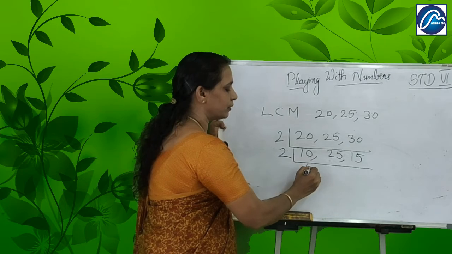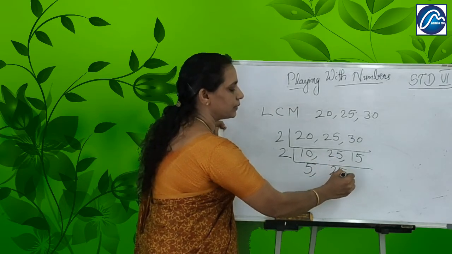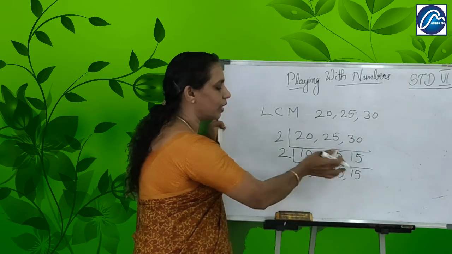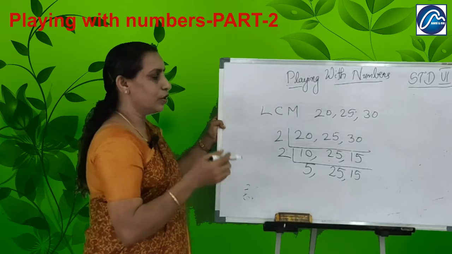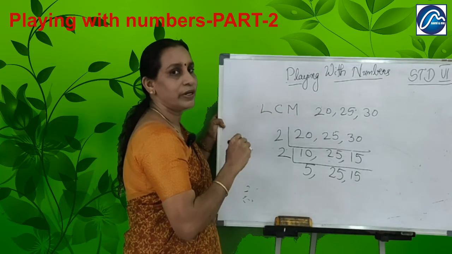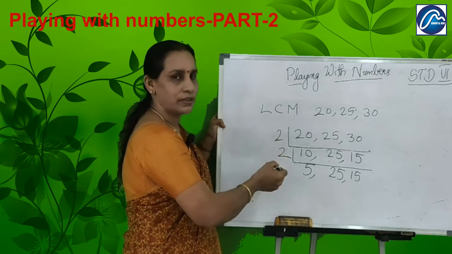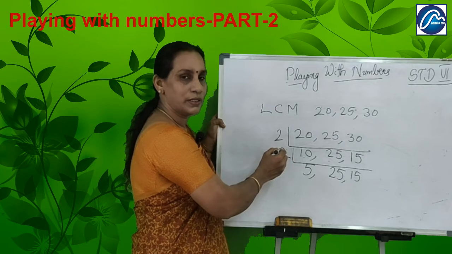So, we are writing 2 again, 5, and we are copying the same numbers here because you can't divide them with 2. Not like in the HCF, where all numbers should be divided with this number. But here it is not necessary, at least one number should be divisible by this number.